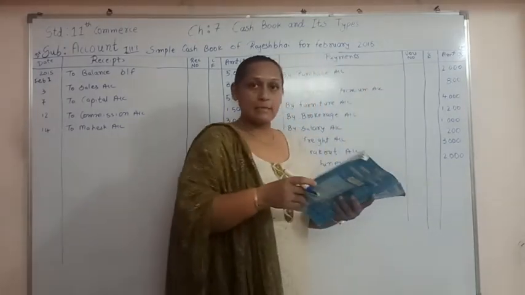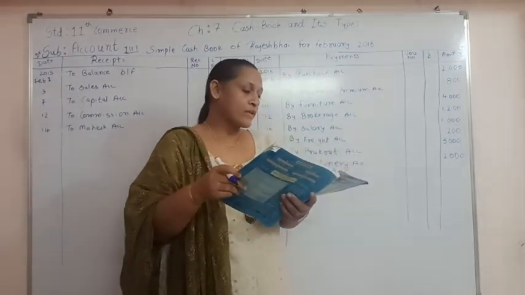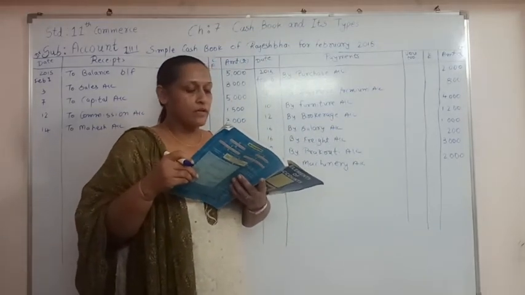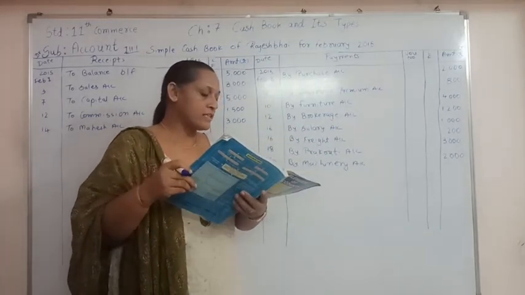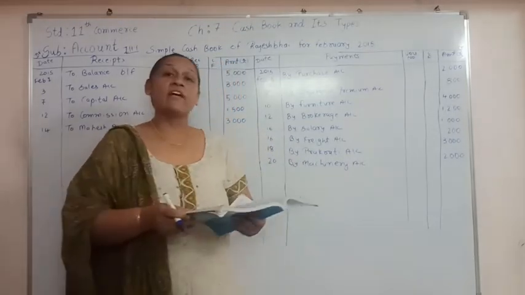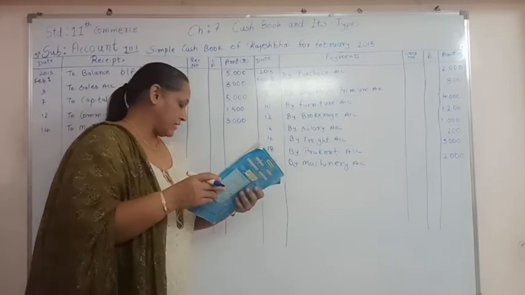Now on 23, as more funds are required in the business, 10,000 borrowed as a loan bearing 10% rate of interest from Ramesh Bhai. We have taken the loan, and when we take the loan, cash is coming into the business.